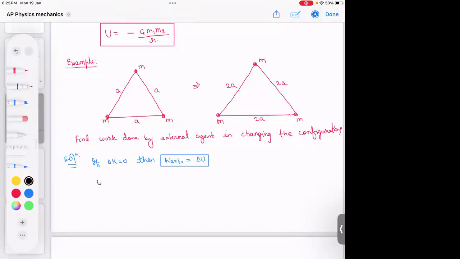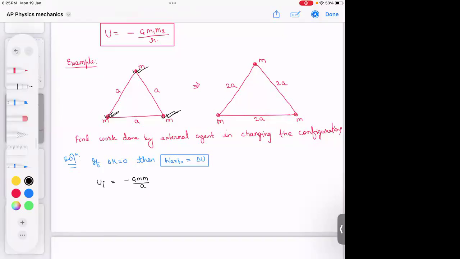So now tell me what is going to be U initial? U initial is going to be minus G M1 M2 by A, and like that how many pairs are there? One pair, right? Another pair, and these two.